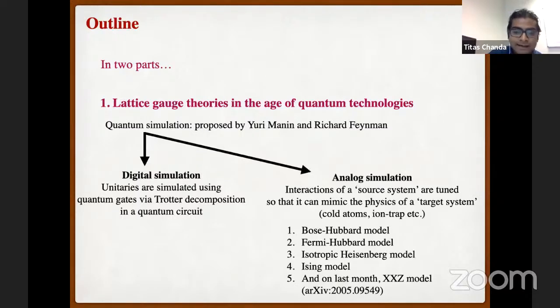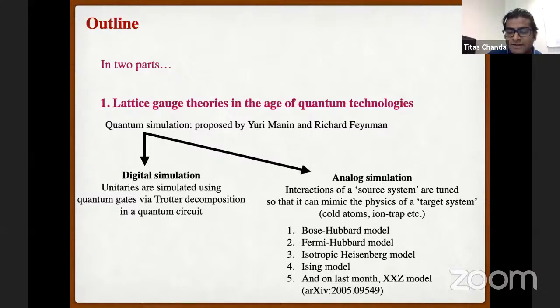This is very related also to the subject of quantum computation. Then comes analog simulation, or the true quantum simulation, where interactions of a source system, for example ultracold atoms in an optical lattice, ion traps or superconducting qubits, are tuned so that they can mimic the interactions or the physics of the target system that we want to simulate.